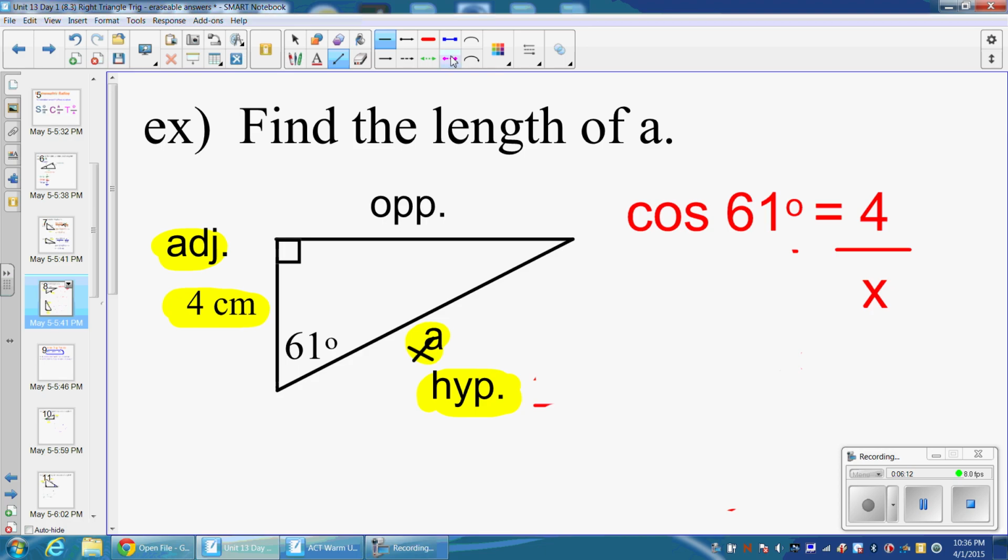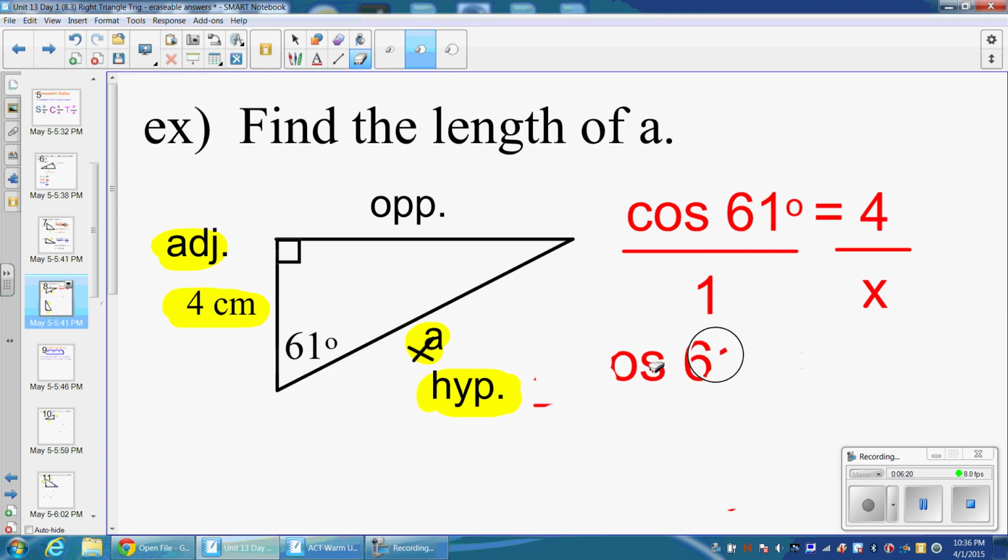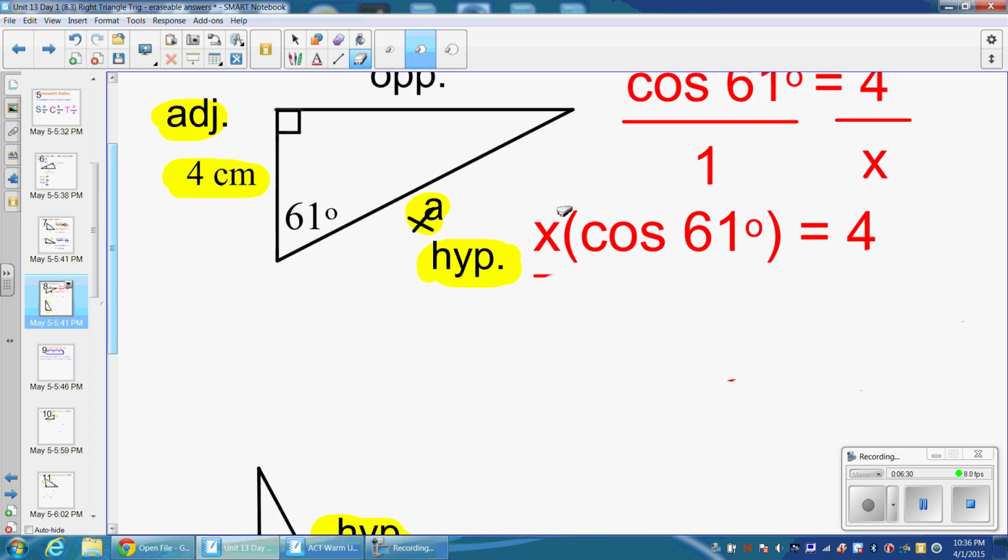All right, let's call that x, because I put x when I typed it. My apologies. So I'm going to put it over 1, and I'm going to cross multiply. Now when I cross multiply, this one's not quite as easy as the other ones. I get x times the cosine of 61 equals 4. So if I want to solve for x, I need to get rid of cosine of 61, and I can type that straight into my calculator and get a number.